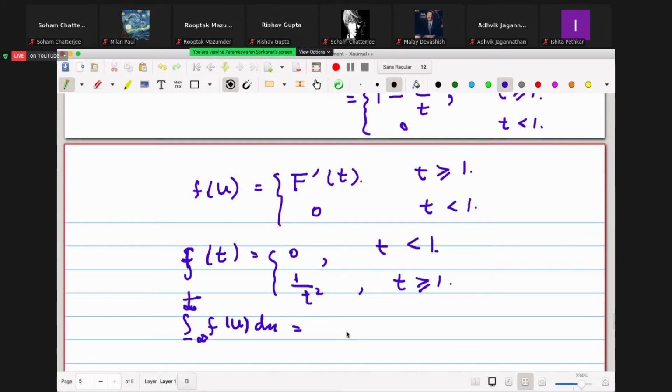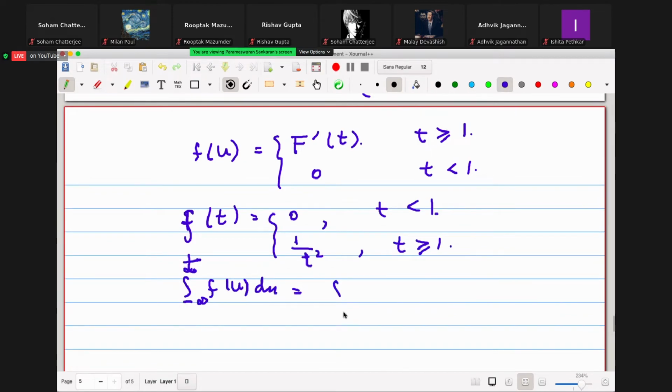This is equal to the integral from 1 to t, t bigger than 1. If t is less than or equal to 1, this is 0. So let t be bigger than 1. Just go directly to the 1 by u square du.